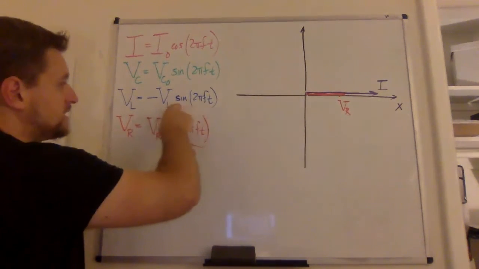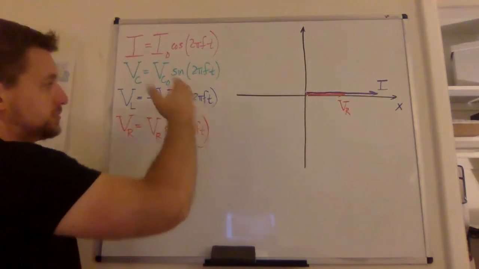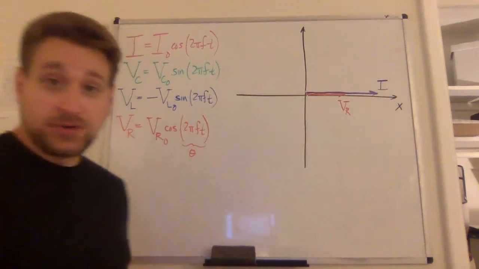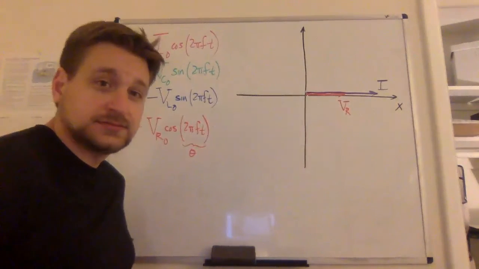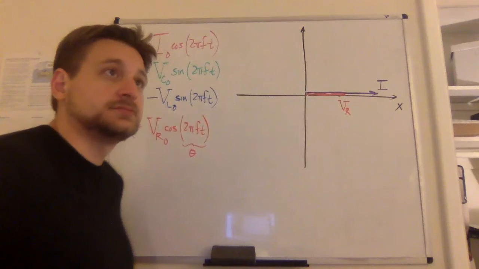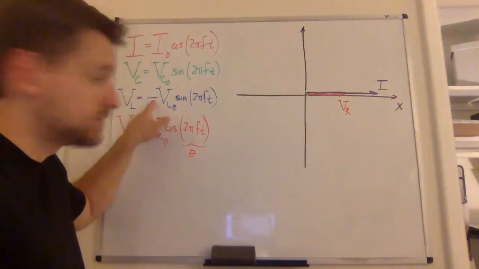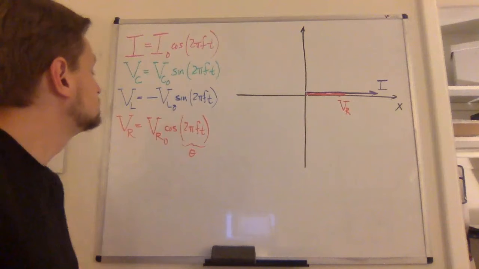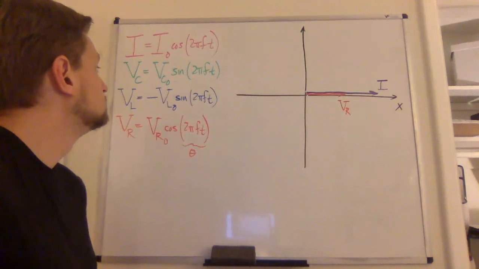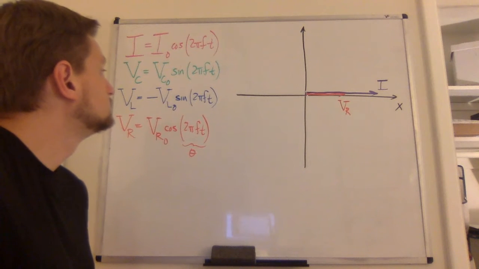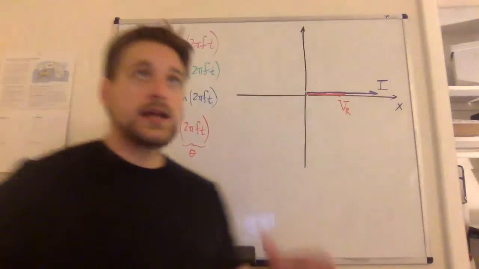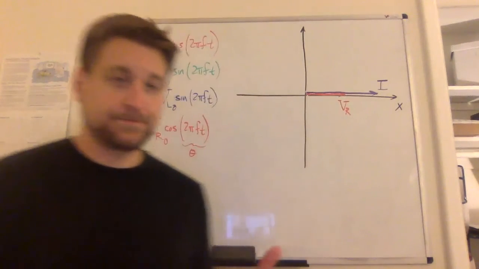Now, the sine of 0 should be 0. We're talking about the x component. The y component, though, should be negative. Let's think about this. ELI the ICE man.